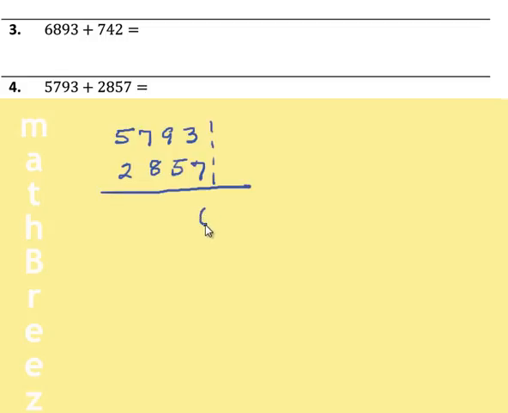Put down the 0, put down the 1's digit and carry the 10's digit. And 1 plus 9 is 10 and 5 is 15. Put down the 5, carry the 1. Here we have 1 plus 7 is 8 and another 8 is 16. Put down the 6, carry the 1. 1 and 5 is 6 and another 2 is 8.